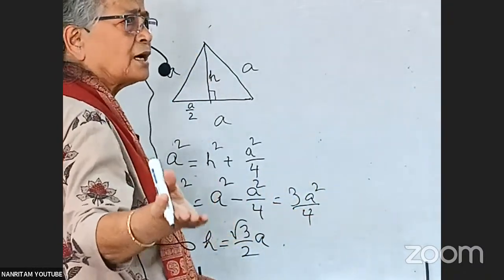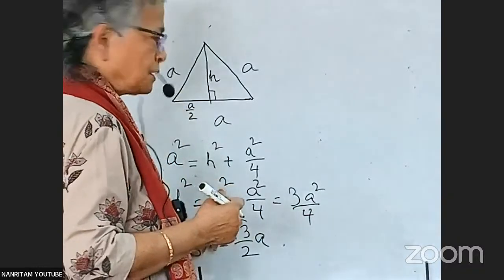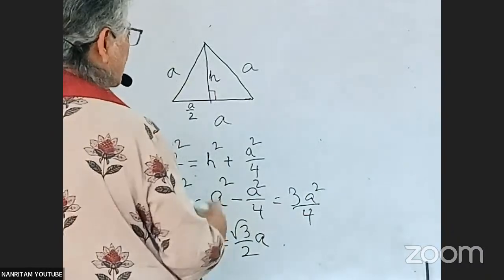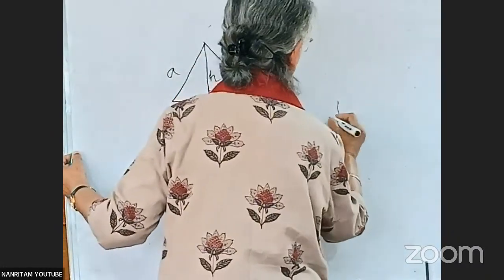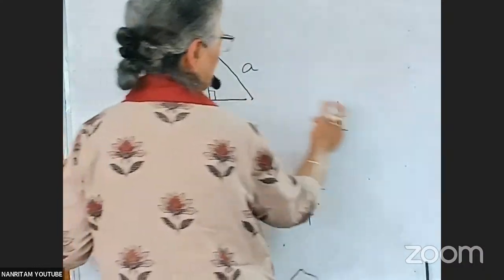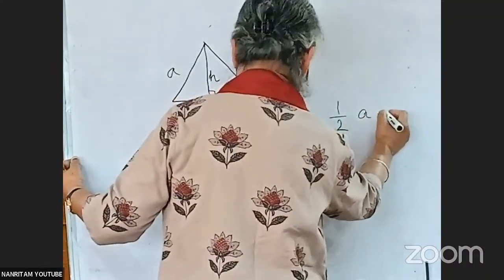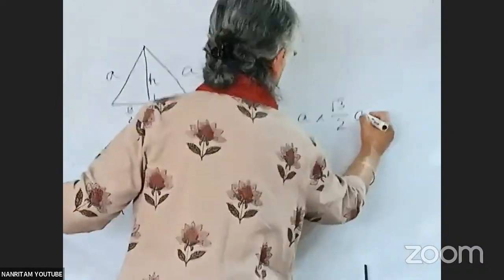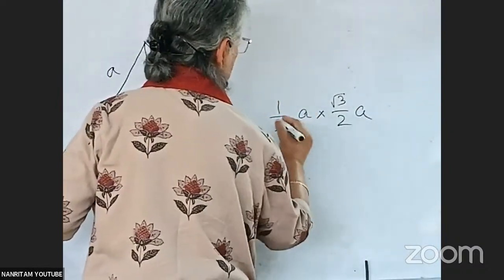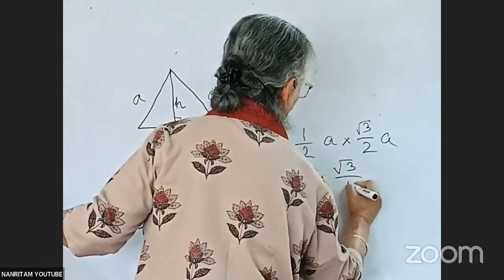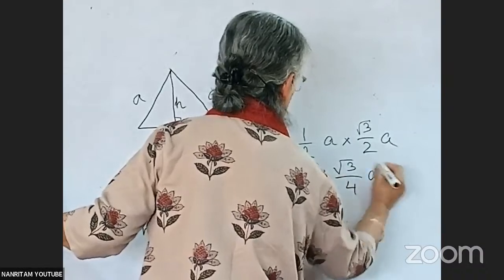Now we can calculate the area. Because each equilateral triangle will be what? Half base into height. Base is a, height is root 3 by 2 a. Half base into height is root 3 by 4 a square.